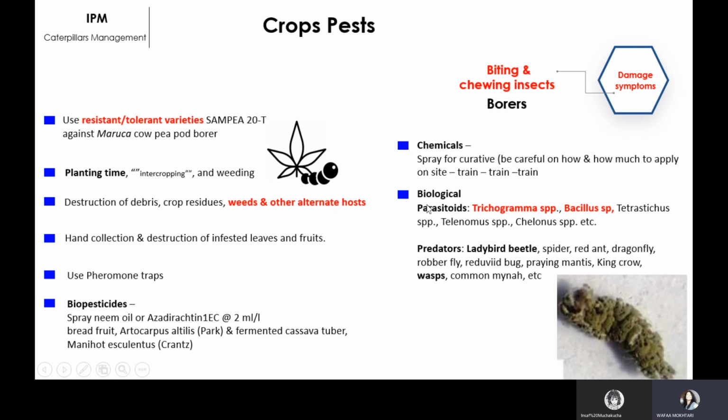There are some important biological control agents like trichogramma. If you have this picture here, this is a larva of Maruca, and up there are those fungi that parasitize the Maruca. Okay, this is a parasite, and this is a kind of biocontrol action.